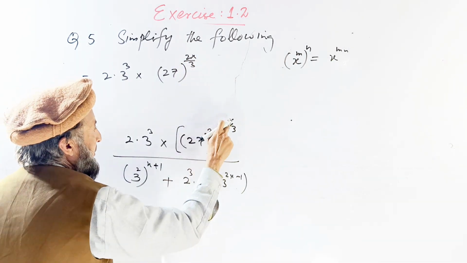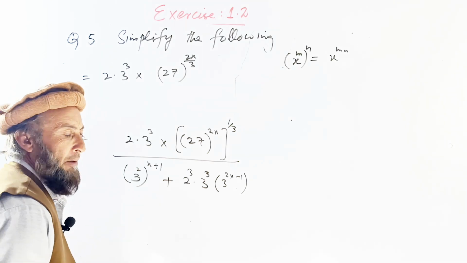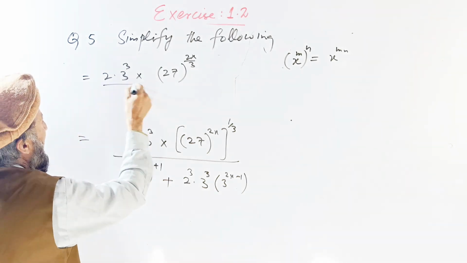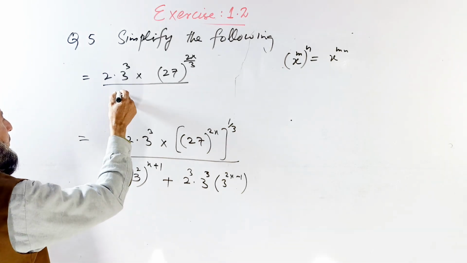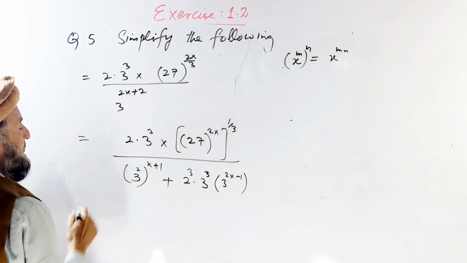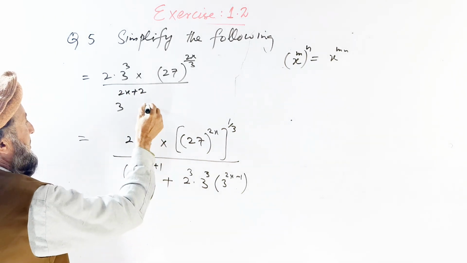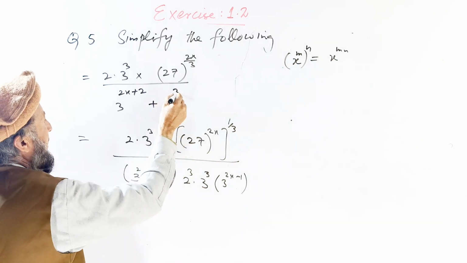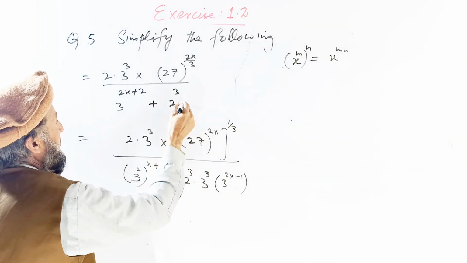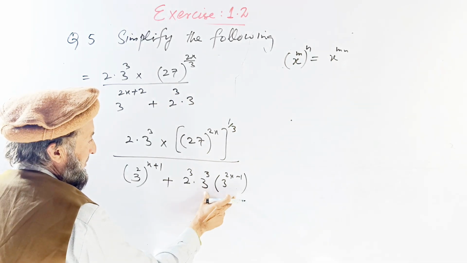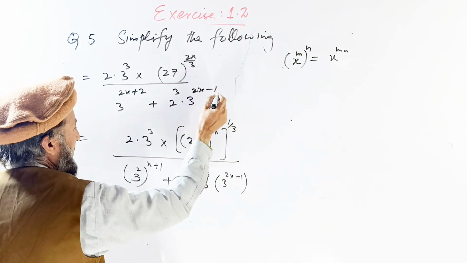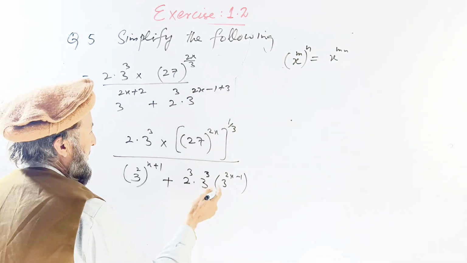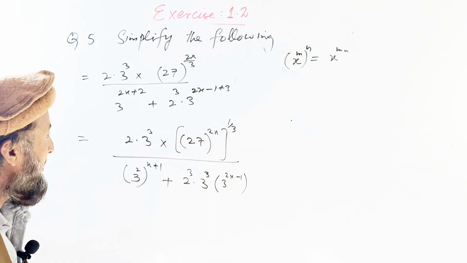We multiply by 1, not into the denominator term, divided by 3, and here is also double exponent rule, we can use 2x plus 2 plus 2 power 3 and to 3 we add these terms according to the rules, 2x minus 1 plus 3. This is the same base, so we add their powers.